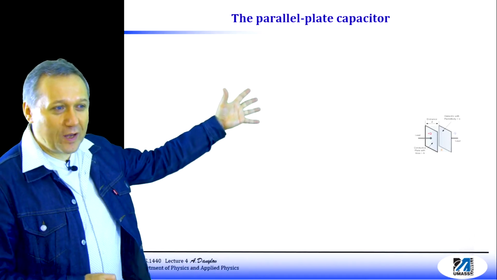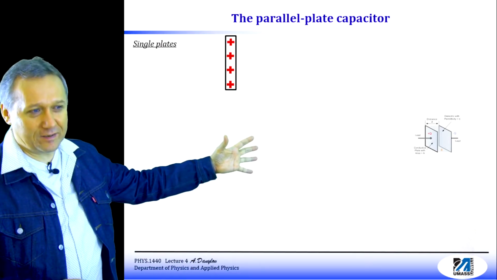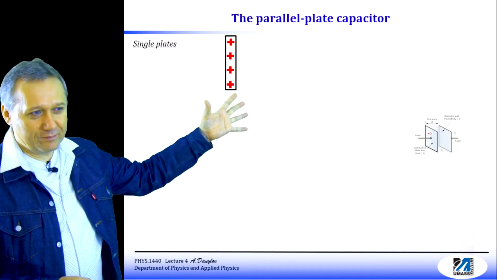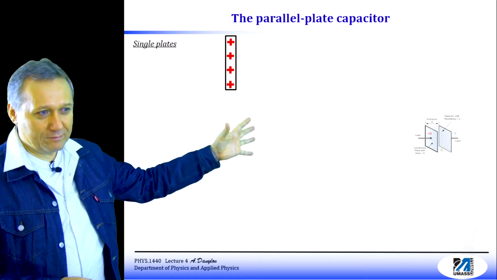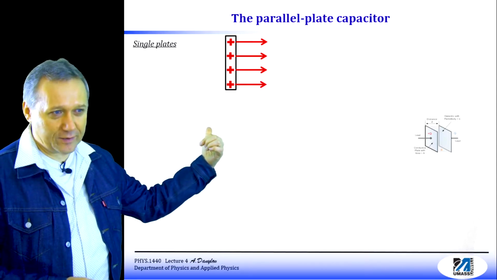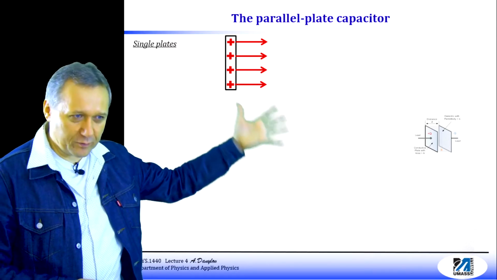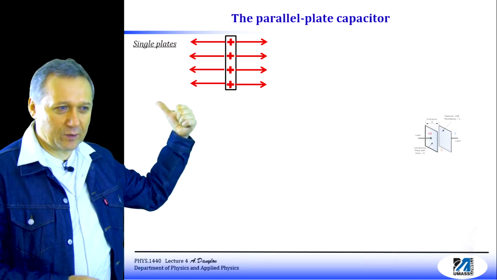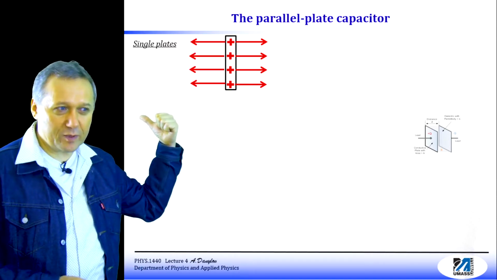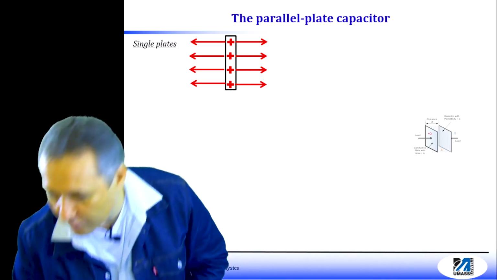Let's assume that we have an isolated, positively charged plate. Now we know how we can find the electric field strength. The electric field lines will be like this. It's a uniform field. On this side of the plate, the electric field lines will go that way, because you remember electric field lines start on positive charges and end on negative.